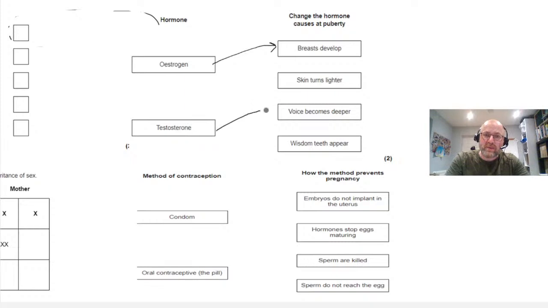But testosterone makes boys' voice become deeper. So, secondary sexual characteristics are controlled by estrogen in girls and testosterone in boys. So, girls' breasts develop, their hips get wider to allow them to give birth. Boys, their shoulders get wider when testosterone comes out, and their voice gets deeper, and both hormones create hair everywhere, which is a pain.